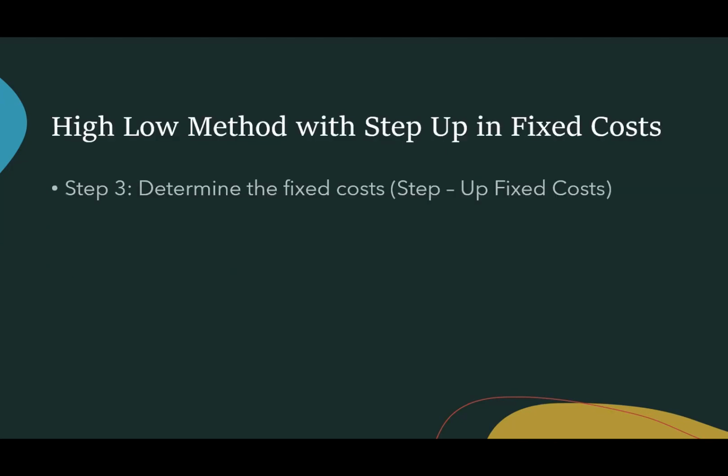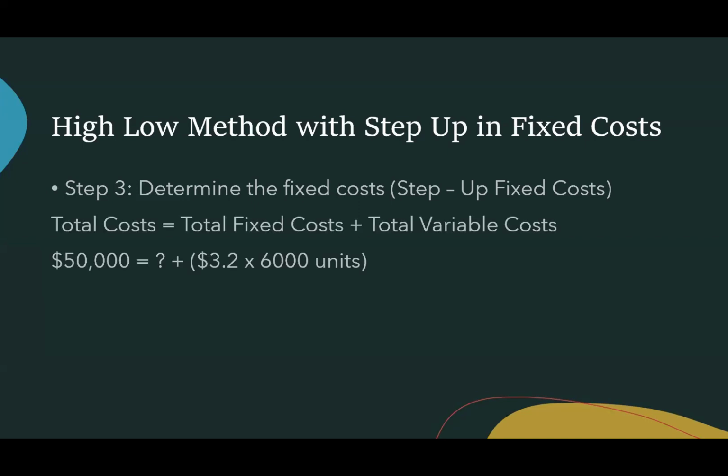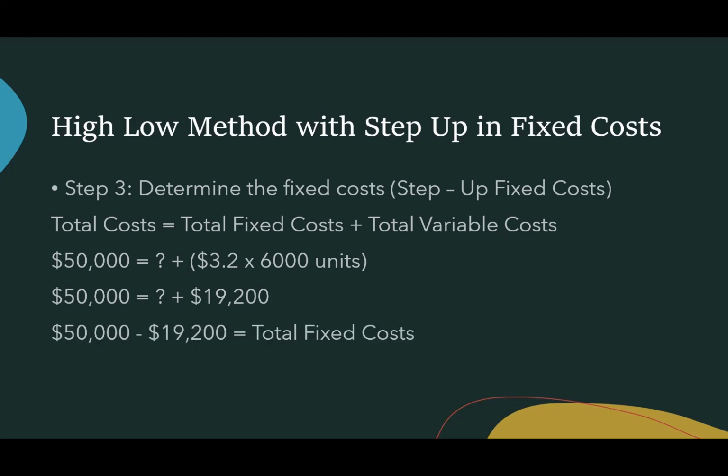Now, you can use any of the levels of activity and you can find out your fixed cost. I've chosen the lowest level of activity. So 6,000 multiplied by 3.2, you get 19,200. Your total cost was 50,000 when you were talking about 6,000, the lowest level of activity. And hence, your total fixed cost will be 30,800.